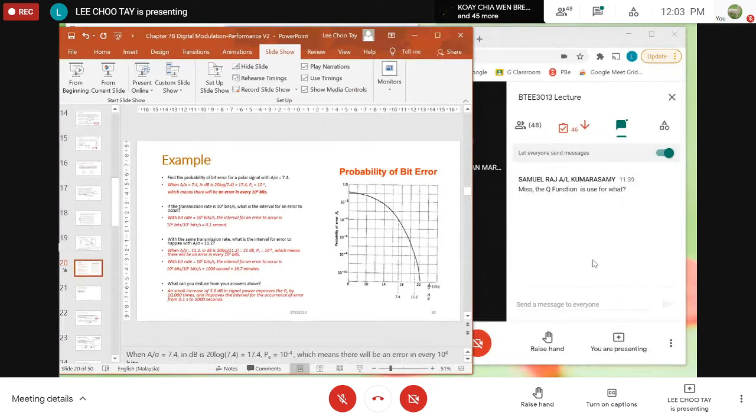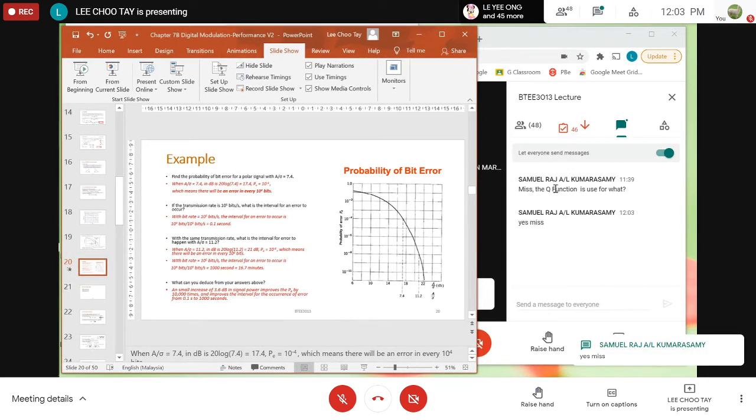The Q function is used for what? Samuel, do I need to answer this question now? Did you ask this question before I talked about the Q function? The Q function is used to find the probability of error.